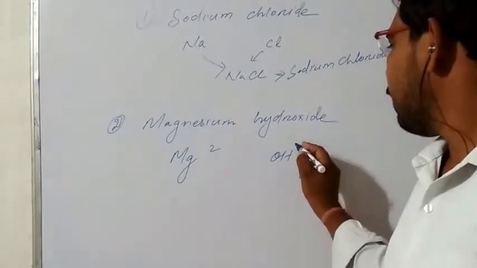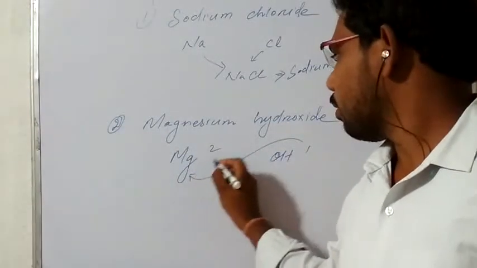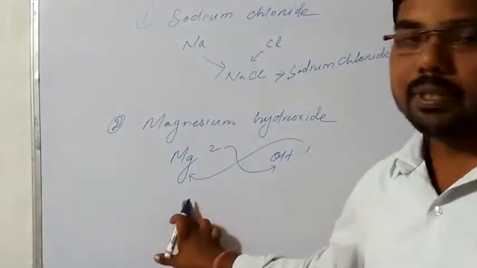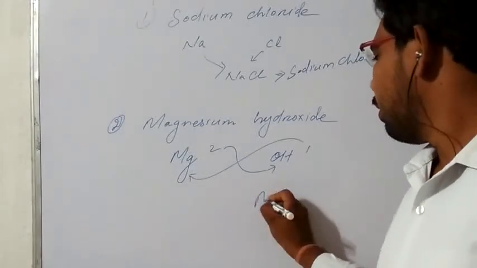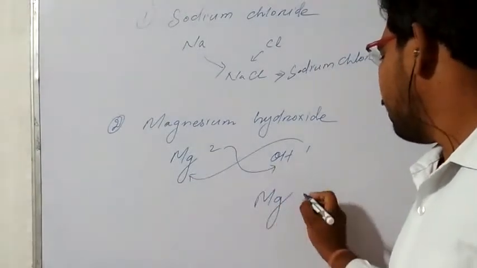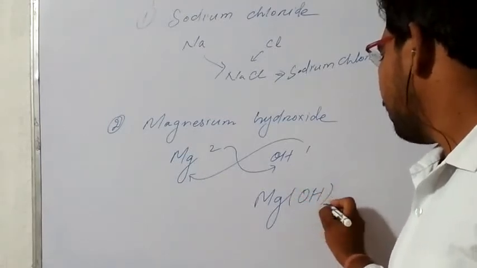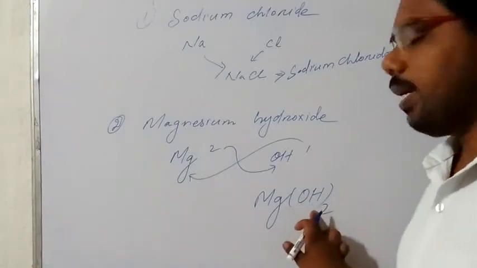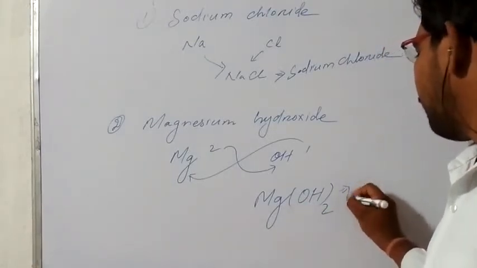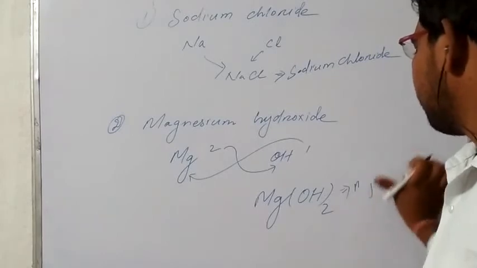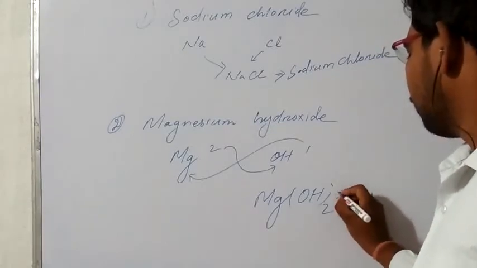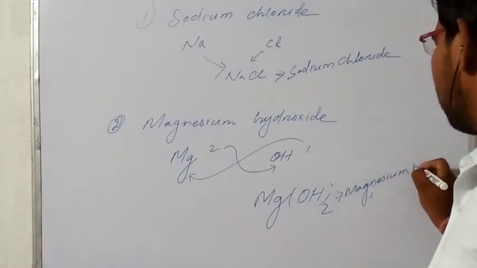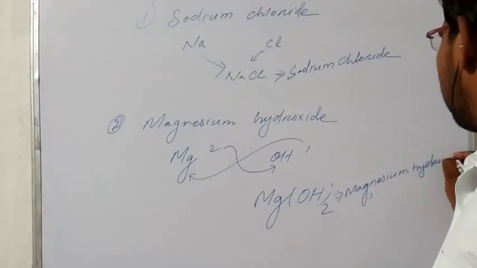Then if not the same, we use crisscross. Means this two comes to OH and this one comes to Mg. So the formula is Mg and then OH in bracket 2. Okay, why do we use a bracket here? Because two elements are present, oxygen and hydrogen. That's why we use a bracket. Magnesium hydroxide.